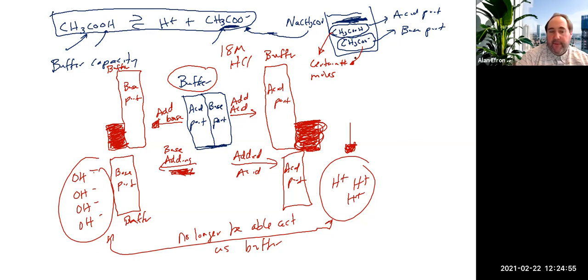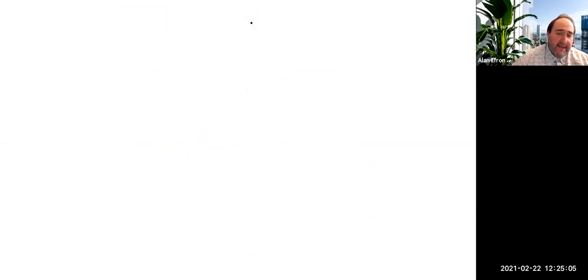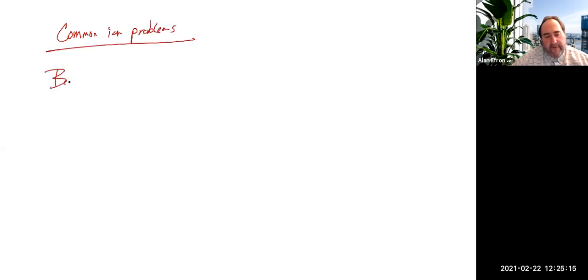So what is a buffer? A buffer, as we talked about, has that acid part and that base part: a weak acid and its conjugate base, or a weak base and its conjugate acid. That really is what we've been talking about since the beginning of this chapter. That really is a common ion problem, which means buffers are exactly where you should use the Henderson-Hasselbalch equation.